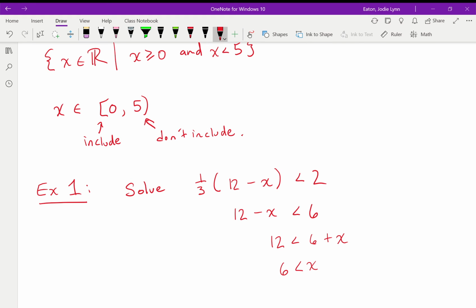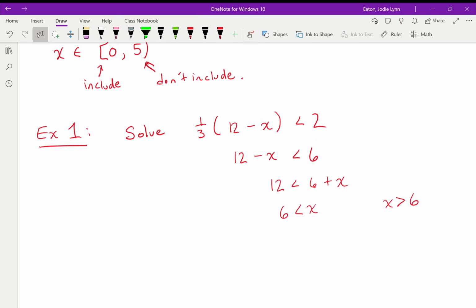And so in this case, we solve this just like an equation. There is one minor difference, which we'll get to in the next problem. We can rewrite this as x is greater than 6. Those are equivalent statements.